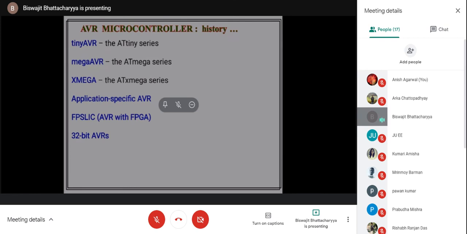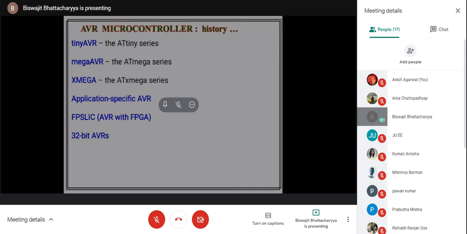It is so popular that when it was originally made by Atmel, and Atmel was losing its popularity, Microchip took over this property from Atmel. So nowadays, the AVR microcontroller is not the property of Atmel.